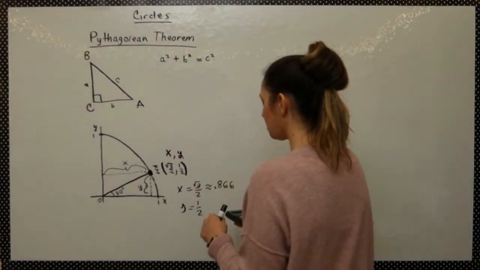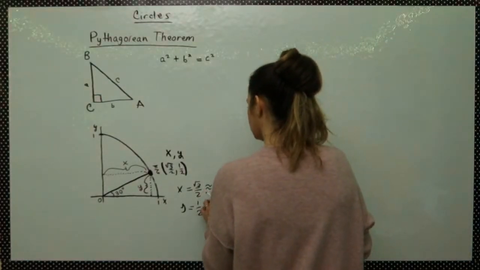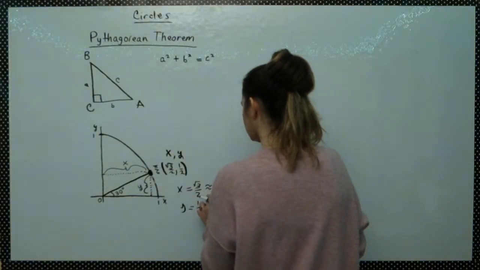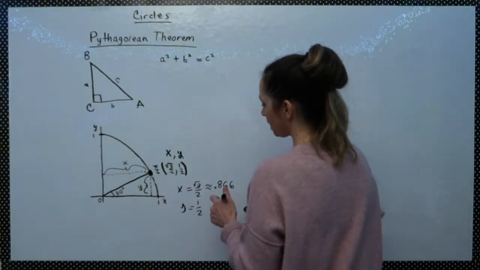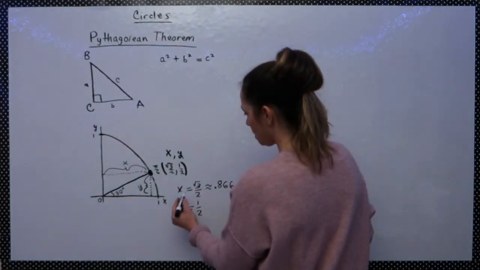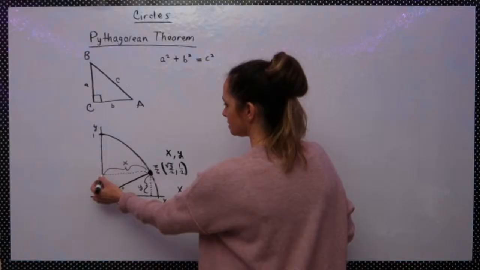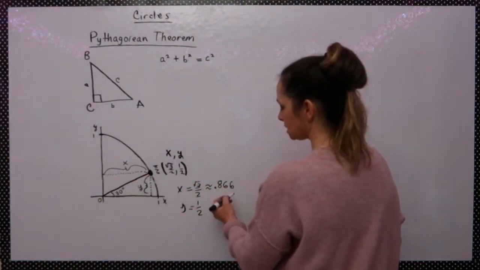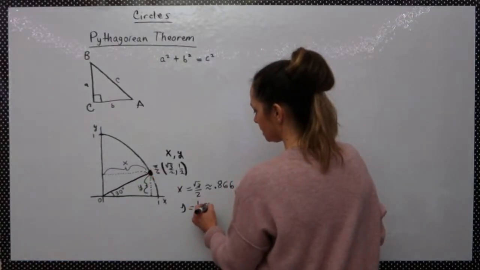We'll talk more about how it has a range restriction, not a restriction on the domain. So it's 0.866. What it's saying is this distance from the origin out is 0.866, and then y, this distance here, is 0.5.